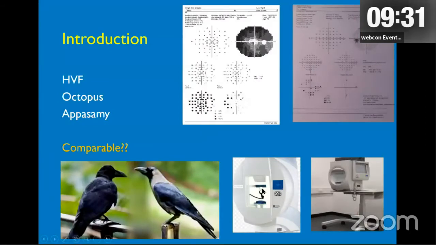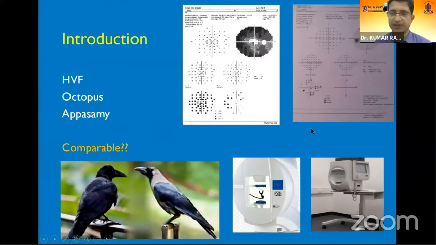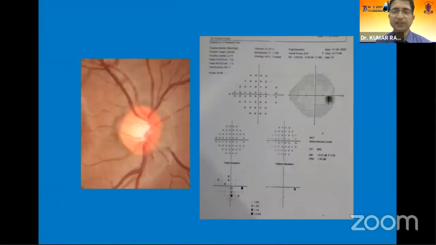Now, there are different machines available in the market with which we can get a perimeter report, and different machines use different statistical formulae. So the report of one machine may not be directly comparable with the other machine. In an ideal situation, when we are reading a perimeter report, we should have the patient or a disk photo in front of us so that we can compare the changes in the disk with the findings that we have in the report.